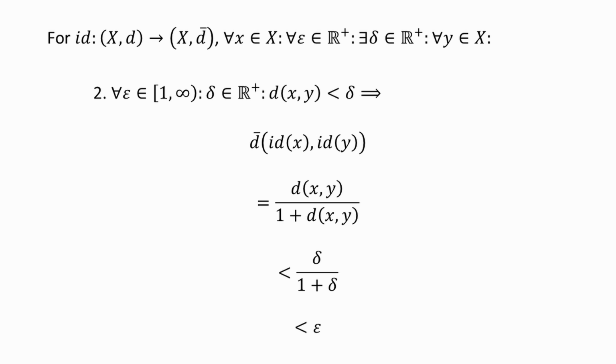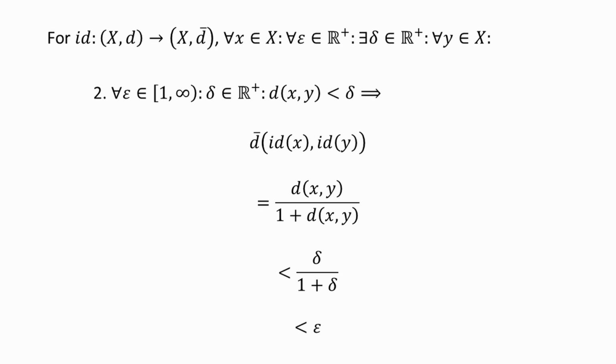d of x and y smaller than delta implies, again, we have d bar of it x and it y. Applying the definition of d bar, we have the second expression, which is smaller than delta over 1 plus delta.